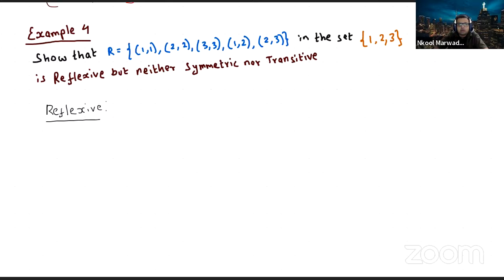For all a belonging to set A, (a, a) belongs to R on set A. Then R is reflexive.